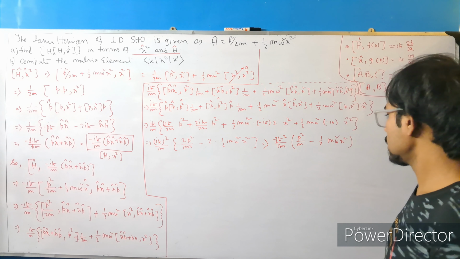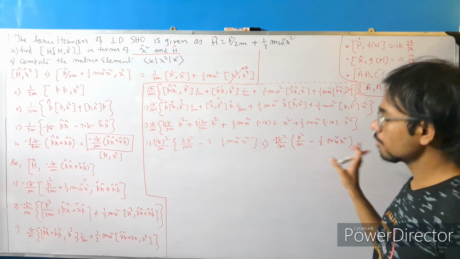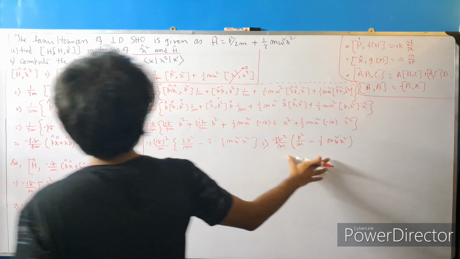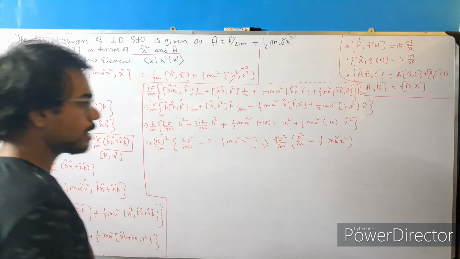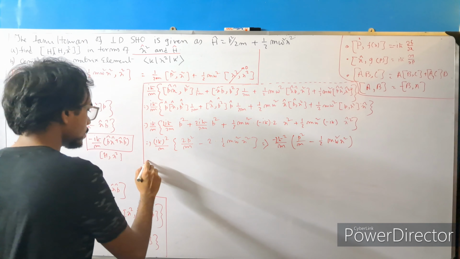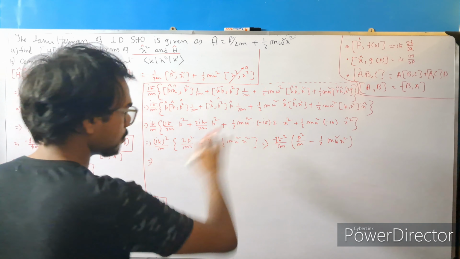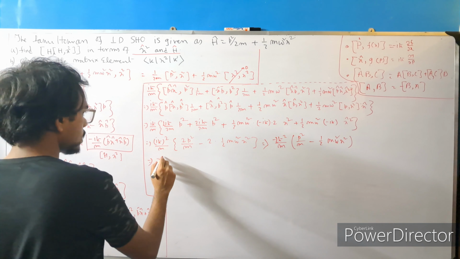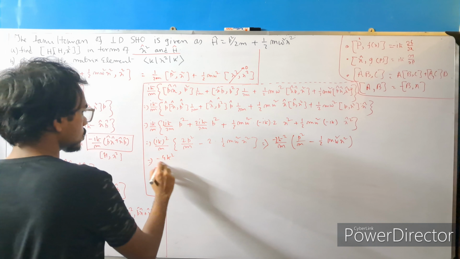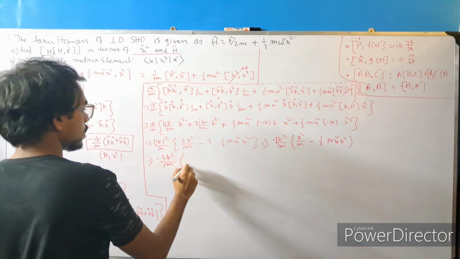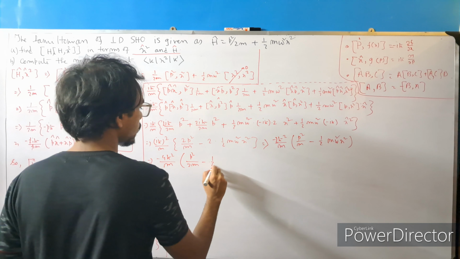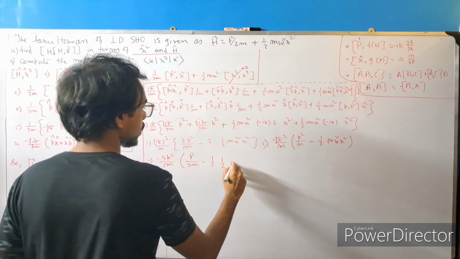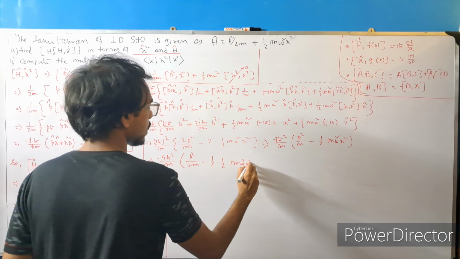So you can see that I have to write this thing in terms of x square and H. H means the Hamiltonian. So I have to modify my term. So I can write minus 4 h cut squared by m times p squared by 2m minus half into half m omega squared x squared.